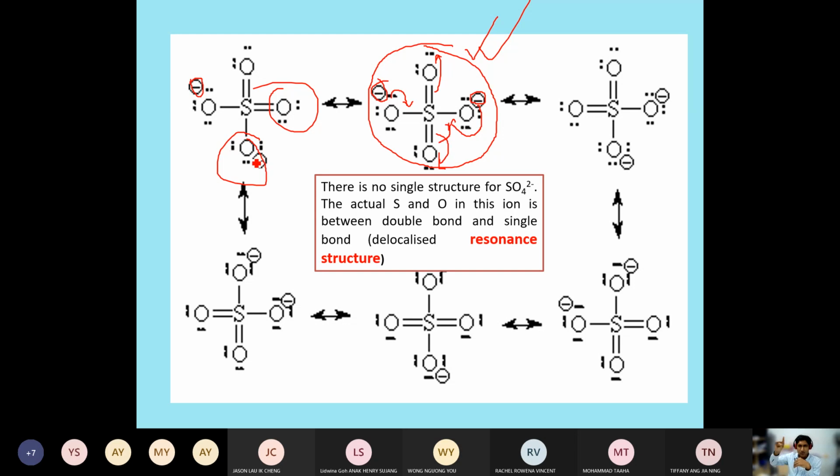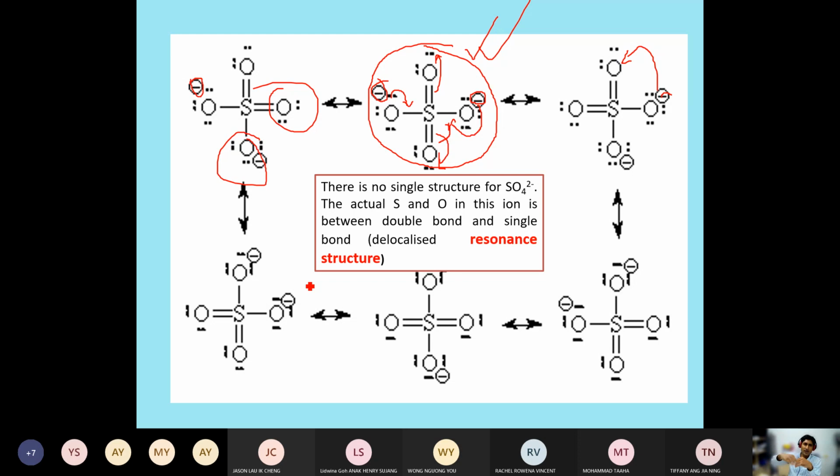So this negative charge will go all around these oxygen atoms, by turn, and it happens very, very fast, almost at the same time. Here is the negative charge, and then the next moment, in a very small time, I don't know how small you can think about the time, the negative charge will be there, all right?